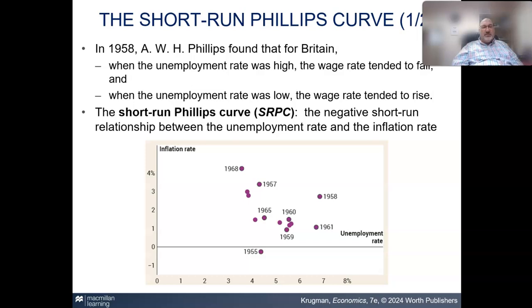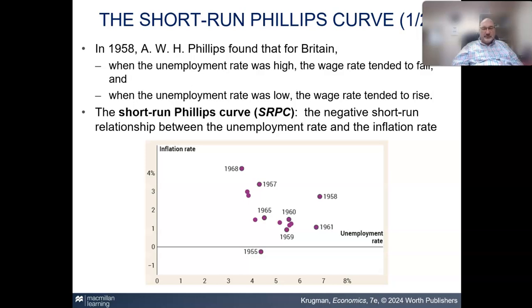All right, short run Phillips curve. In '58, A.W.H. Phillips found that for Britain, when the unemployment rate was high, the wage rate tended to fall. When the unemployment rate was low, the wage rate tended to rise. So that gave us the short run Phillips curve, the negative short run relationship between the unemployment rate and the inflation rate.